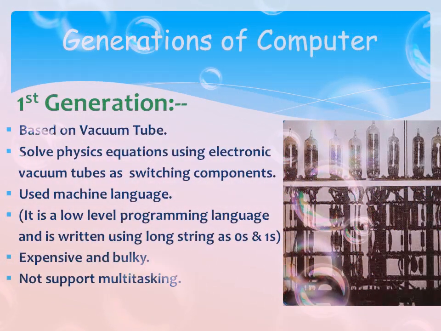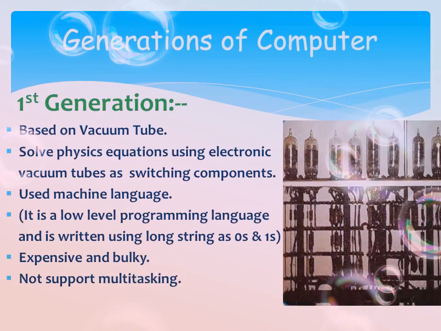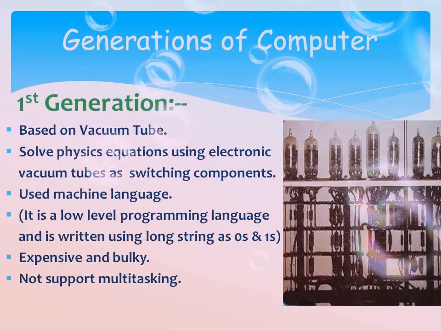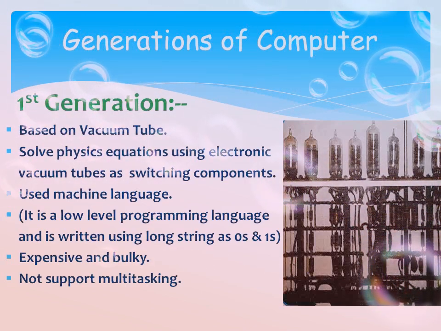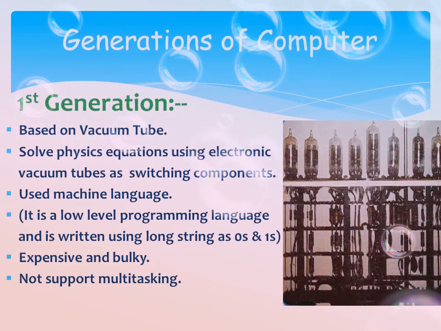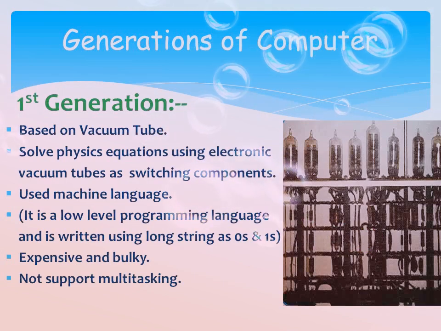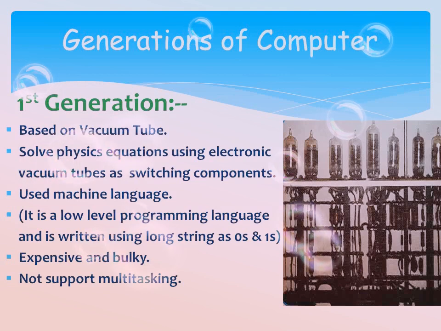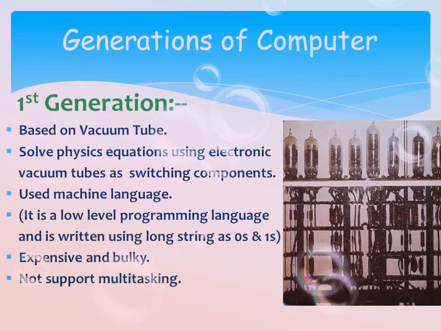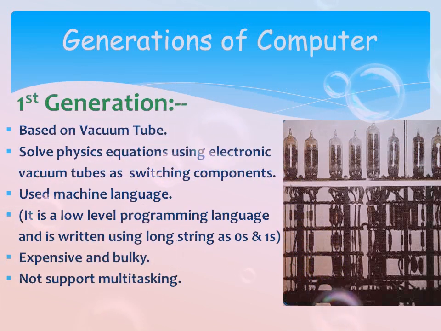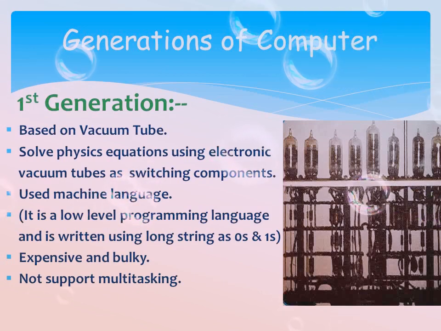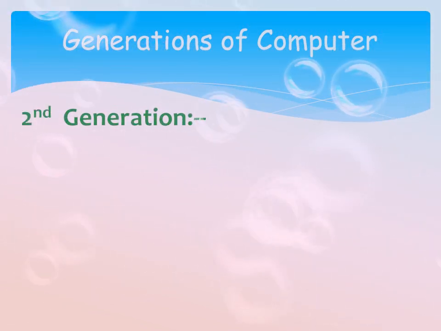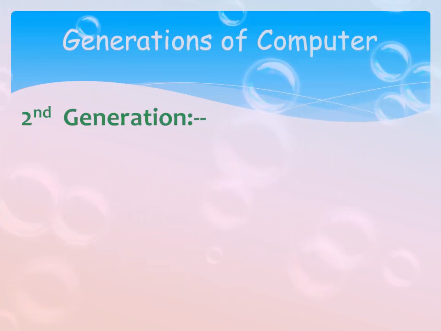The first generation computers were expensive and bulky, and the vacuum tubes didn't support multitasking. Programs written in machine language were cumbersome and difficult to remember. This is the first generation computers. Next we will go to second generation computers.